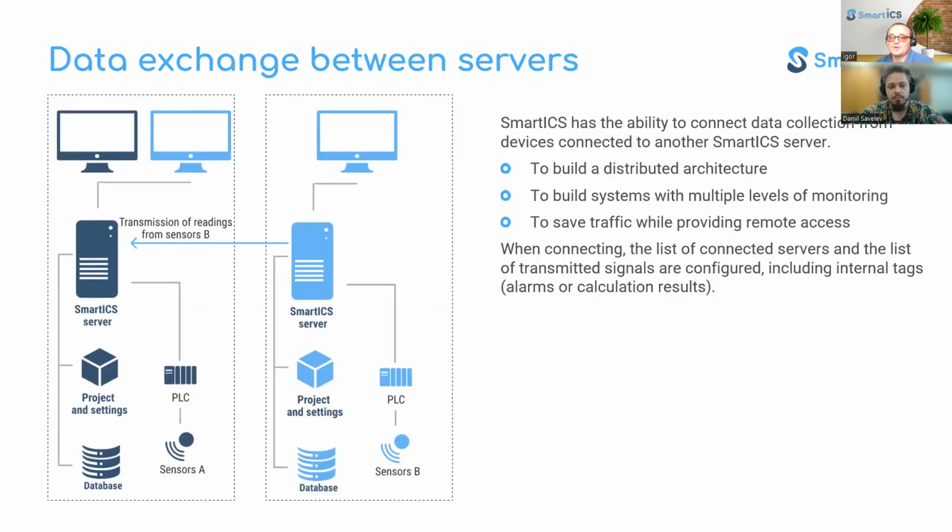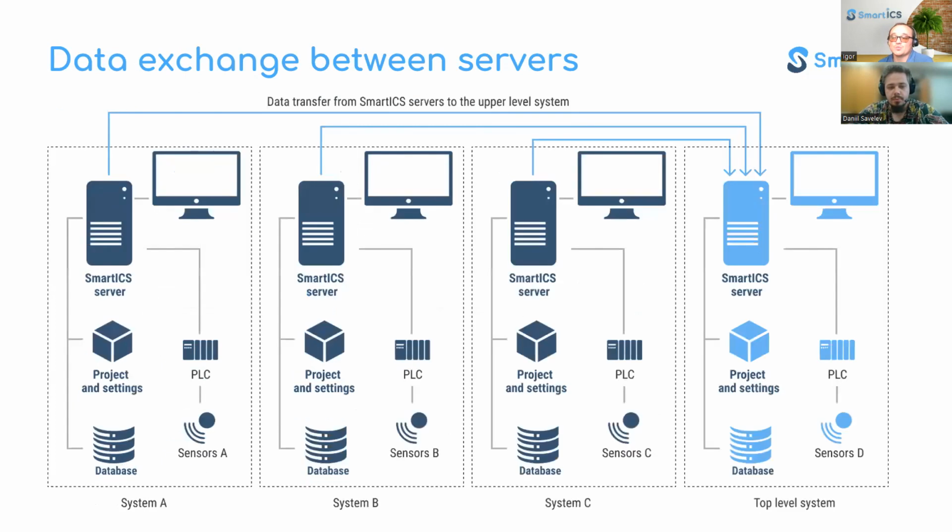The third important element of our release is the data exchange between different servers and SmartICS as well. So in a nutshell, SmartICS can be used as a data source. This is specifically used for cases where you have multiple independent SmartICS systems.